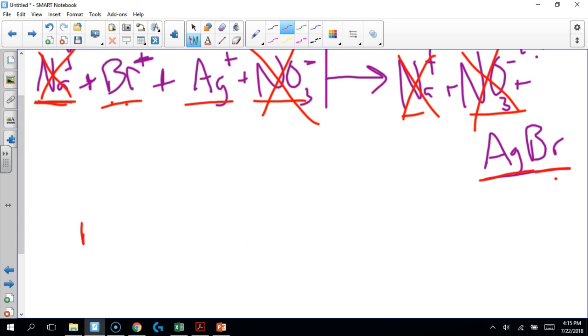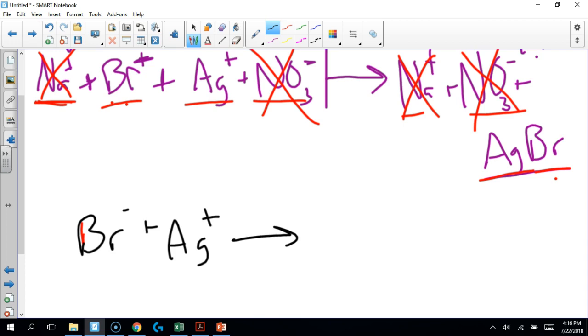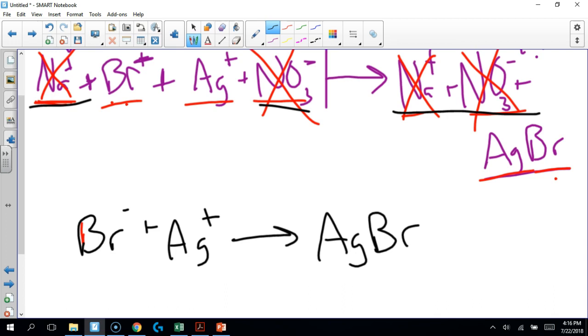So now this is going to be, and I'll do it in black here, Br minus plus Ag plus reacts to form AgBr. And we've gotten rid of these guys. These guys actually didn't change at all.